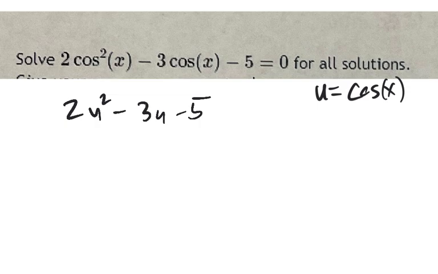That's a u substitution. If I had to factor this, I would do the a times c method. 2 times 5 is 10. What multiplies to be 10, but combined is negative 3? I need a negative 5 and a positive 2. So this is 2u squared minus 5u plus 2u minus 5.